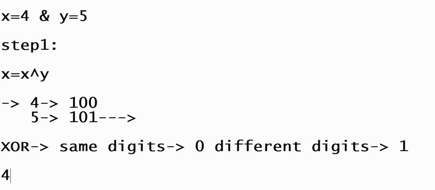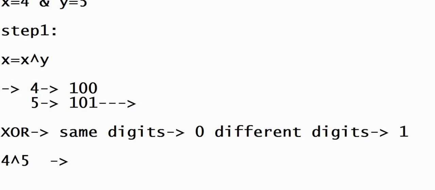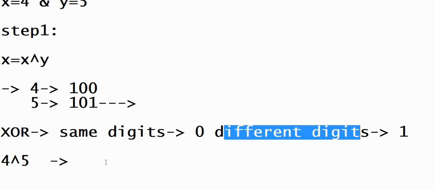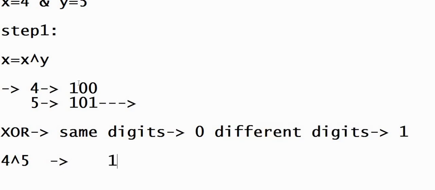So when 4 is XORed with 5, the first digits 1 and 1 are the same, so 0. The next 0 and 0 are the same, so 0. The last 0 and 1 are different digits, so 1. This gives 001, which is the binary representation of 1, and it is the value stored in x.